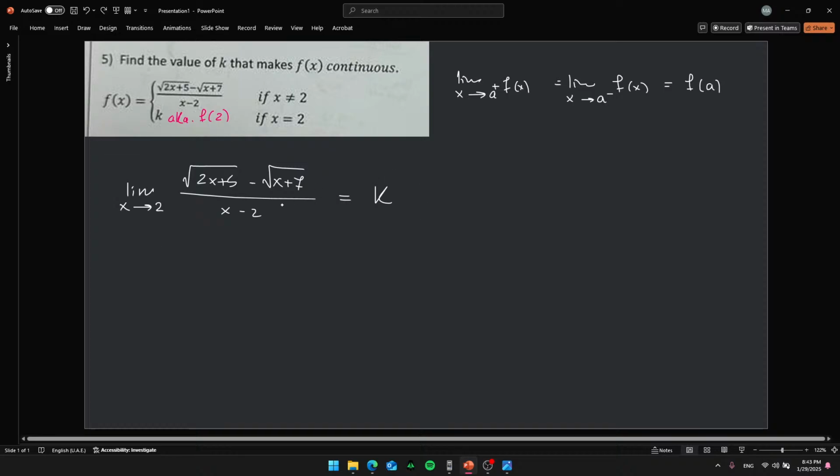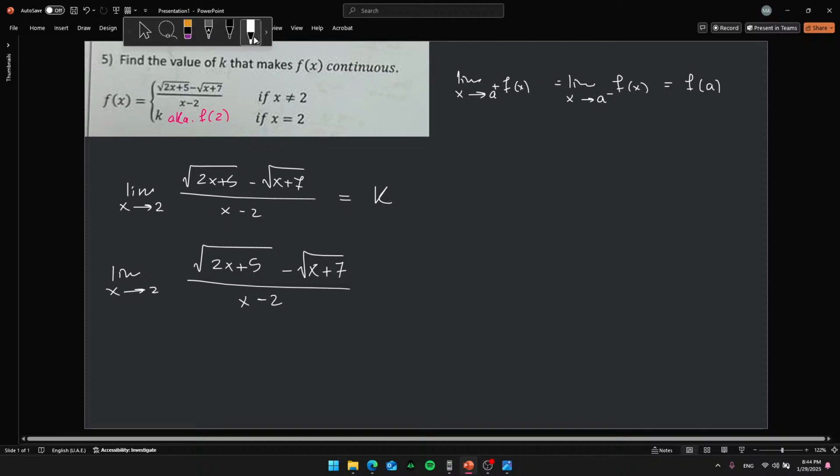Now to find k, you just have to solve this limit. So let's solve this limit real quick. If you plug in 2, you'll get 0 over 0. So you need to manipulate it in such a way that you can plug in the 2 without any problems.